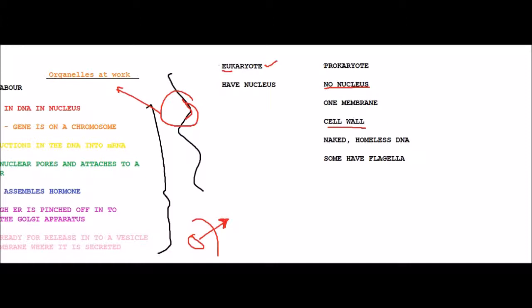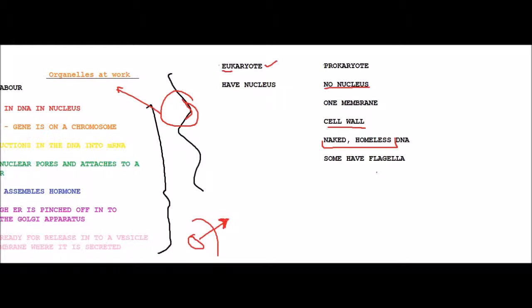And that's what the cell wall of a prokaryote is normally made out of. And then how I have always described the DNA in a prokaryote is naked and homeless. That basically means that the DNA is not surrounded by a membrane, and it's kind of just loose within the prokaryote.